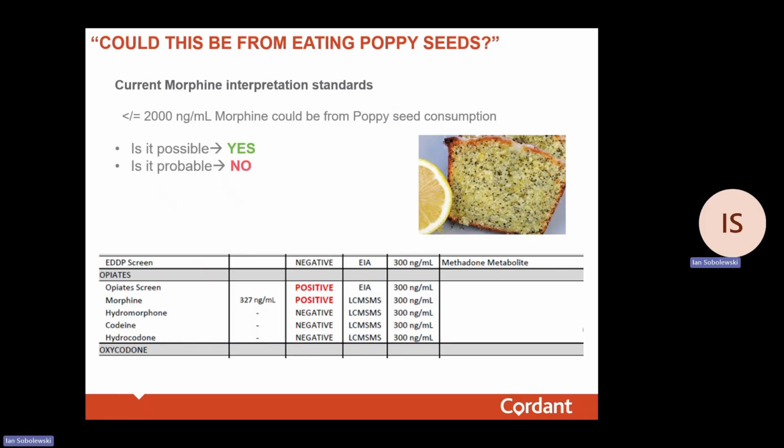I would say keep an eye on those morphine levels and monitor them and see what's going on with that. Here's where a zero tolerance program really comes into play, where you can just say, guess what? You're not eating poppy seed or anything with poppy seed. It's up to you to make sure you know what's going into your body here.